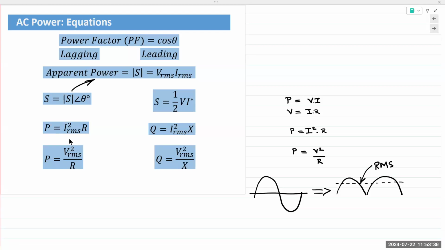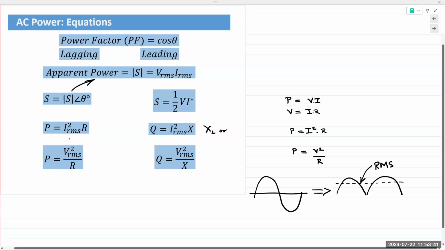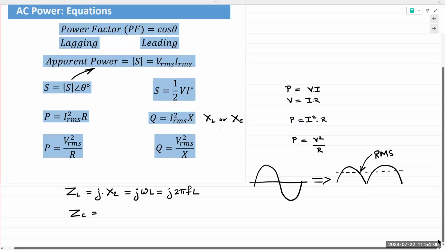And when it comes to the capacitor or inductor, you're dealing with either XL or XC, the reactance of the inductor and the reactance of the capacitor. As a reminder again, ZL is J times XL, J times omega L, J times 2 pi F L. ZC is 1 over J XC.